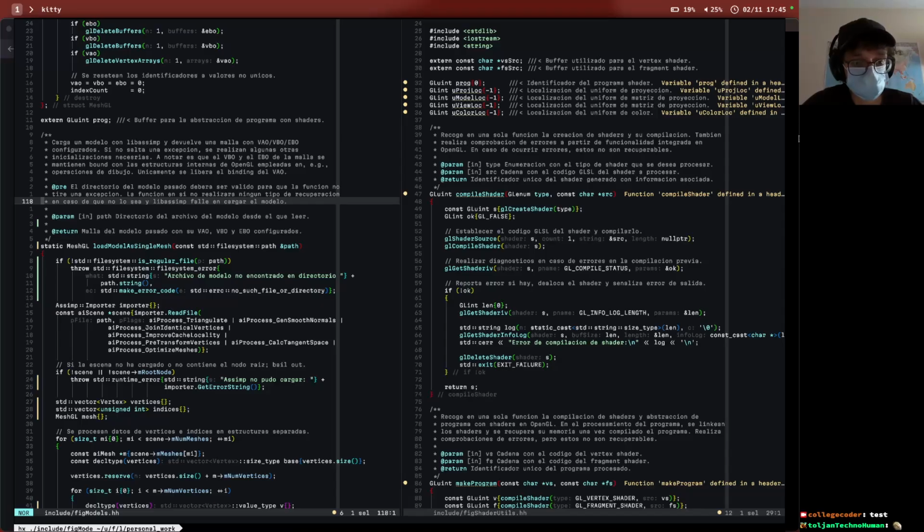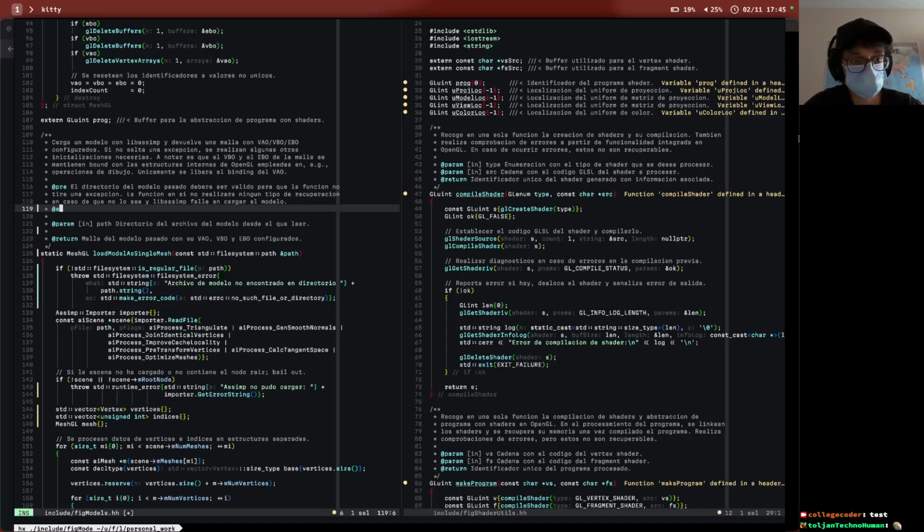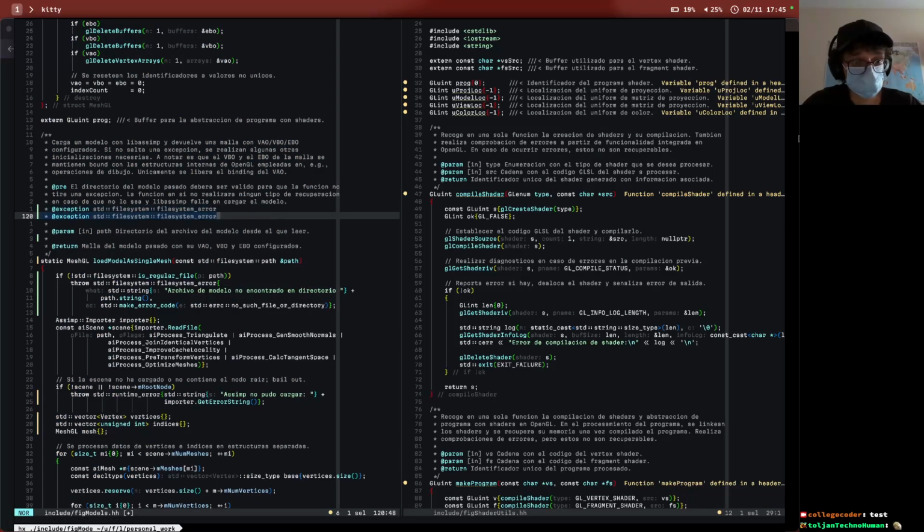Now, this may throw two exceptions. The first one being a std filesystem error. I'm best off copying it. The second one being a std runtime error.